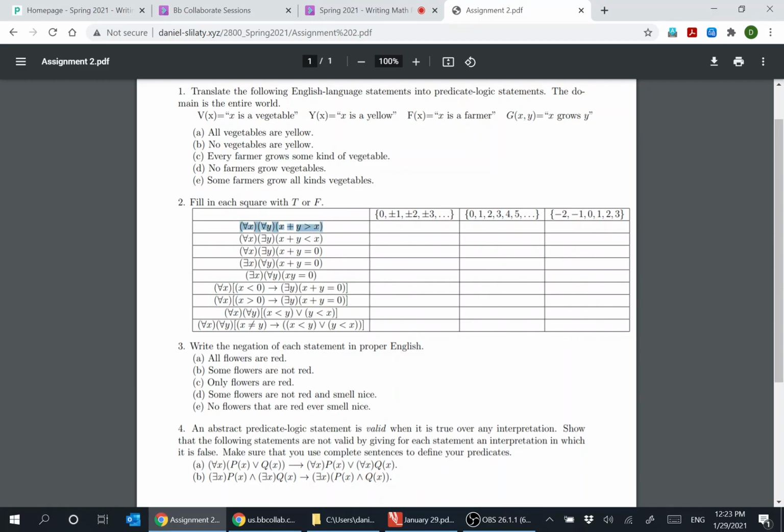Here's the predicate logic statement, here's the domain, and then it's true or false over that domain, and you tell me which is which. So when you answer this, make sure your answer is in the form of a chart like this. If you printed out this chart and actually filled it in, that would be great as well.